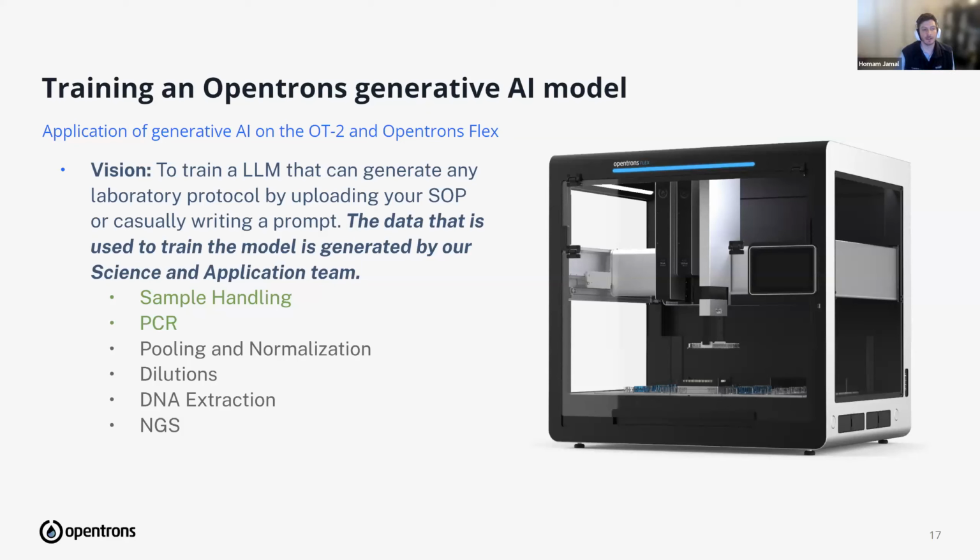But to have all the small nuances of, let's say, an NGS protocol where your master mix or your beads are really, really viscous, how are you going to know what kind of liquid classes you want to attach to those types of transfer steps? It's going to be really, really difficult to get to this vision, considering all the small nuances that we want to cover. So right now, we're focusing on the very, very basic workflows in molecular biology.